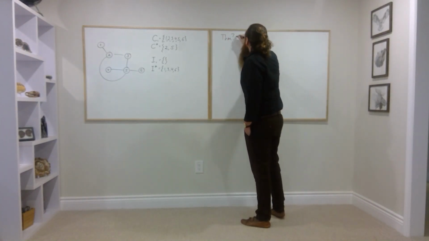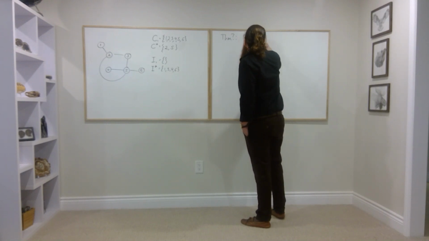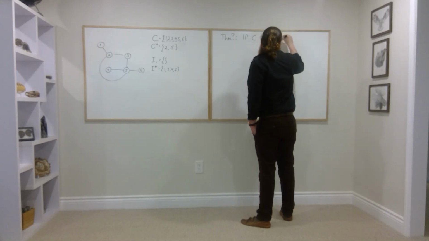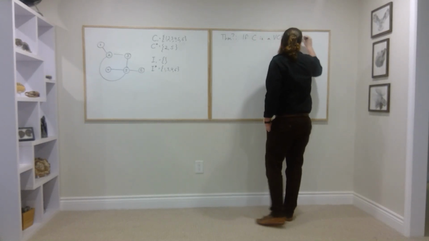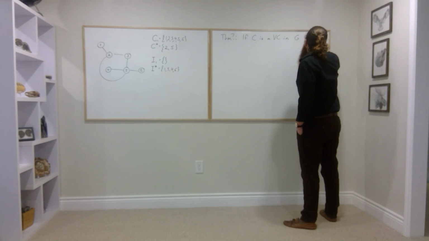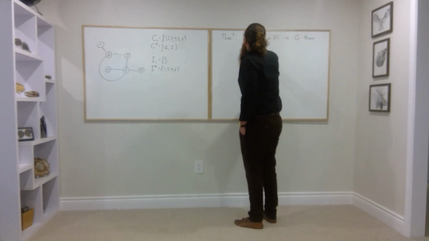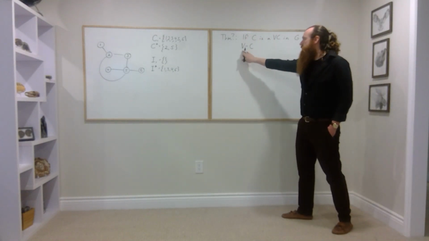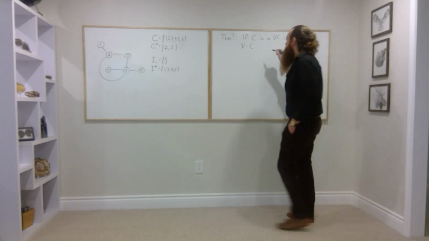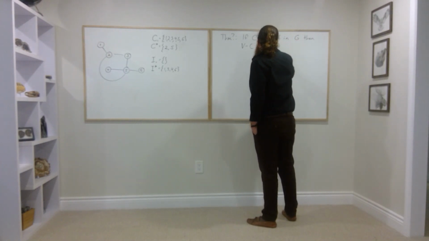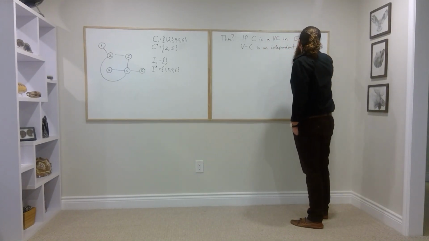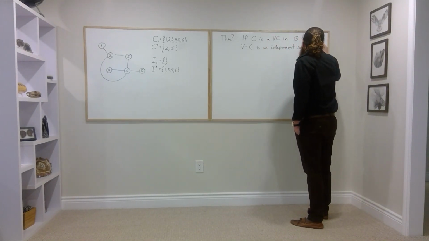What if it holds that if C is a vertex cover in G, then V minus C, which is just the difference between the original set of vertices and the vertex cover C, is an independent set in G.